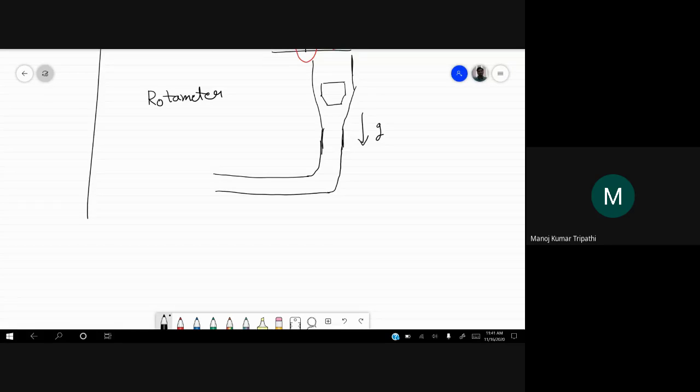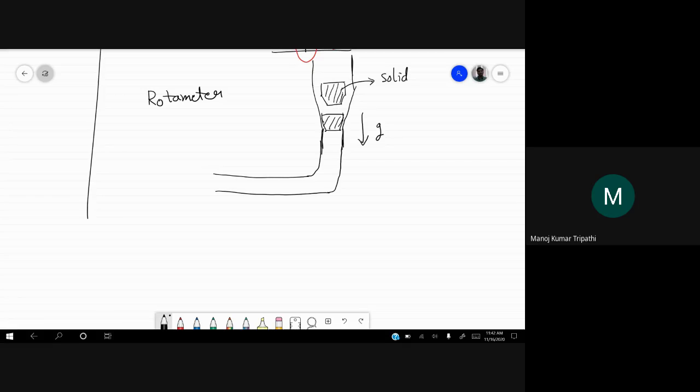And there is a solid. If there is no flow, this solid will come down and plug this entire thing so that there is no flow from here. There is no gap in the pipe for the flow to occur. When there is some flow, this solid goes up, okay?